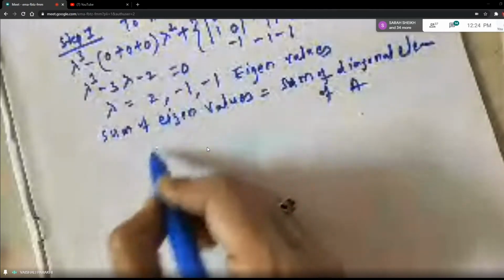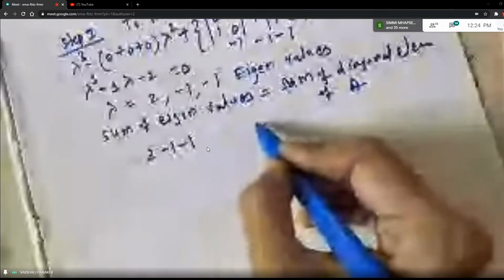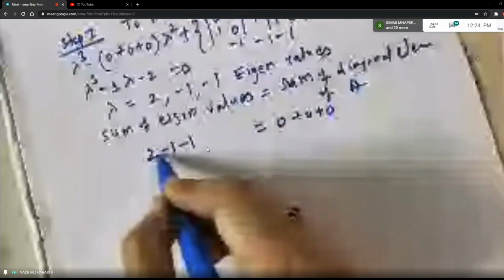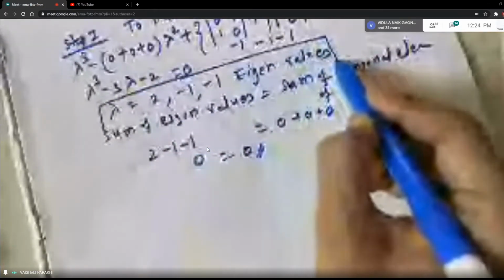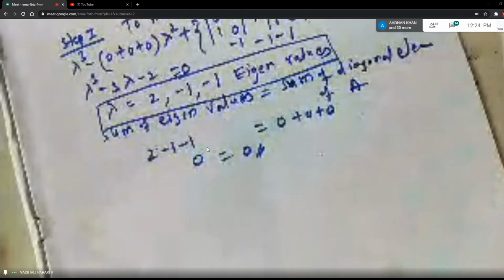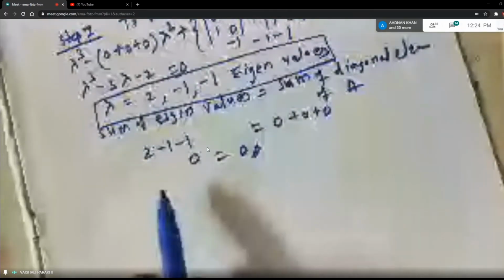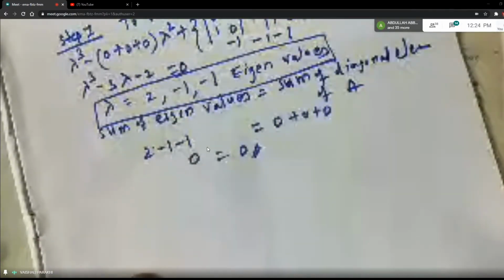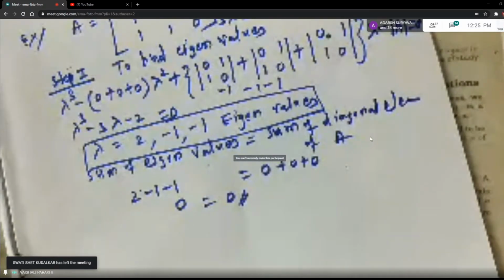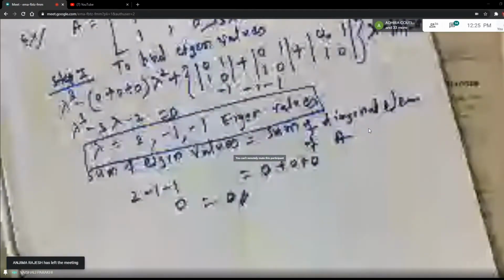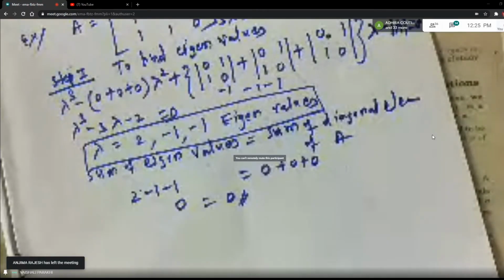It is 2 minus 1 minus 1. And what is the sum of your diagonal elements? 0. So this is 0, right? 2 minus 2 is 0. So you are getting 0 equal to 0. So the condition is satisfied. So you can say that whatever numbers you got, these are correct eigenvalues. In case this condition doesn't work, then you should understand that something is wrong in your formula or some mistake you have done while finding the roots or in the characteristic equation. Okay, so without checking the eigenvalues, don't proceed.